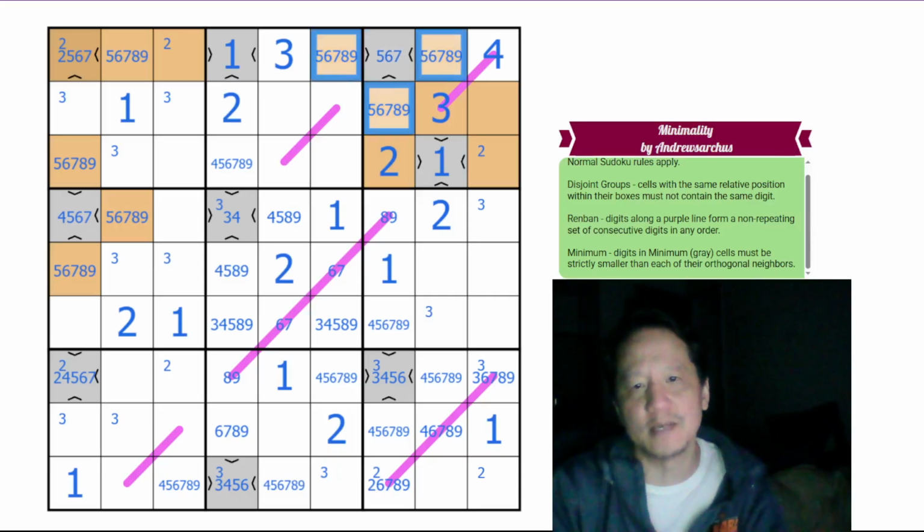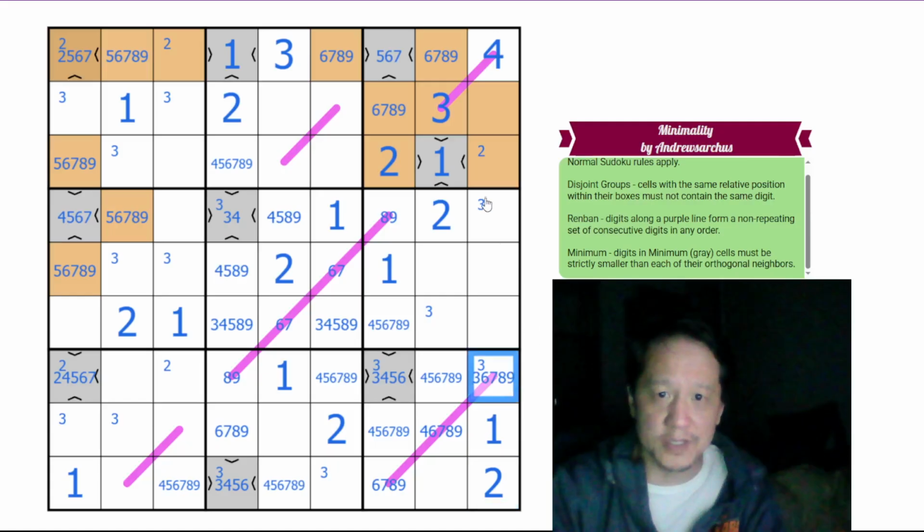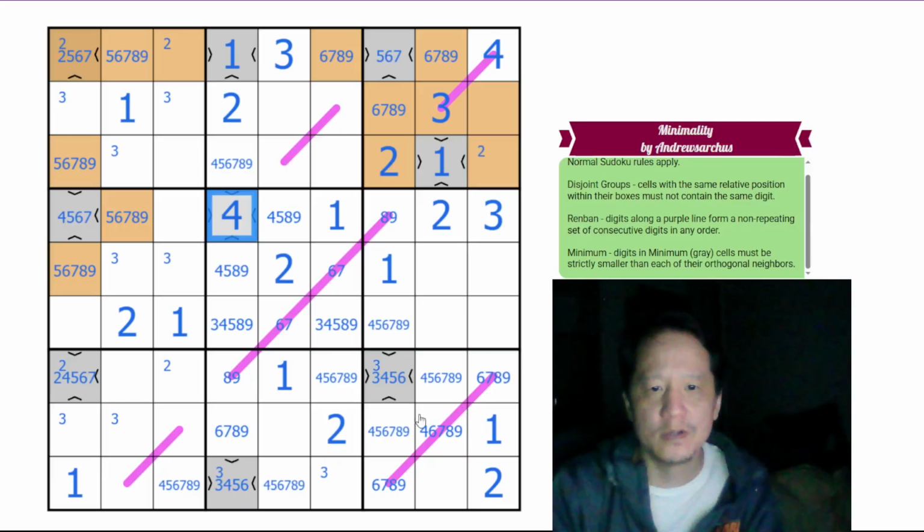That means these can't be 5 to be greater than the 5, 6, or 7. This can't be 2. Since this can't be 2, this is 2 here. This can't be 3 here. That forces this to be 3 here, which means this can't be 3. So this is 4 here. These can't be 3. This can't be 3. So 3 has to be here.